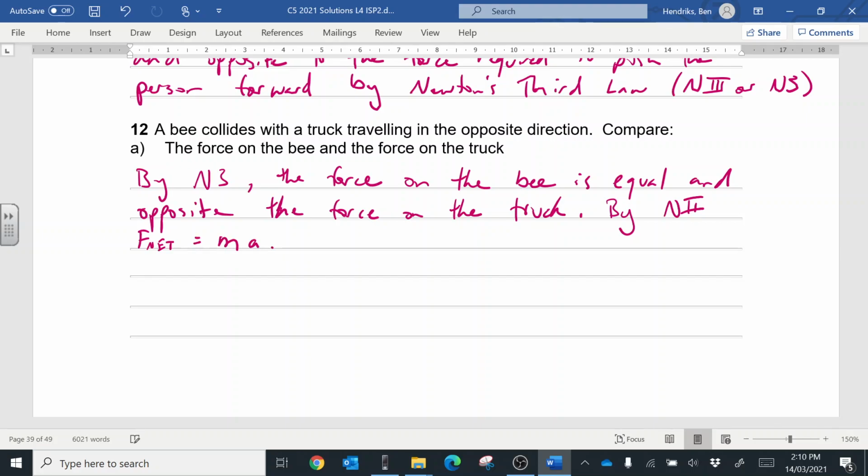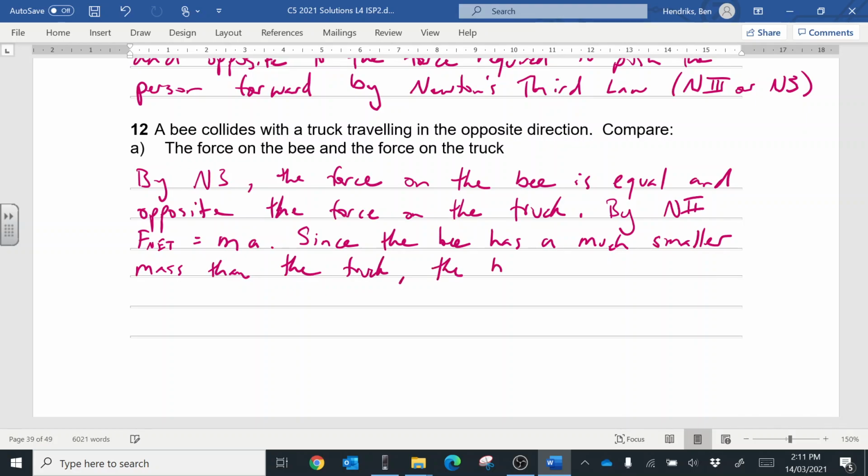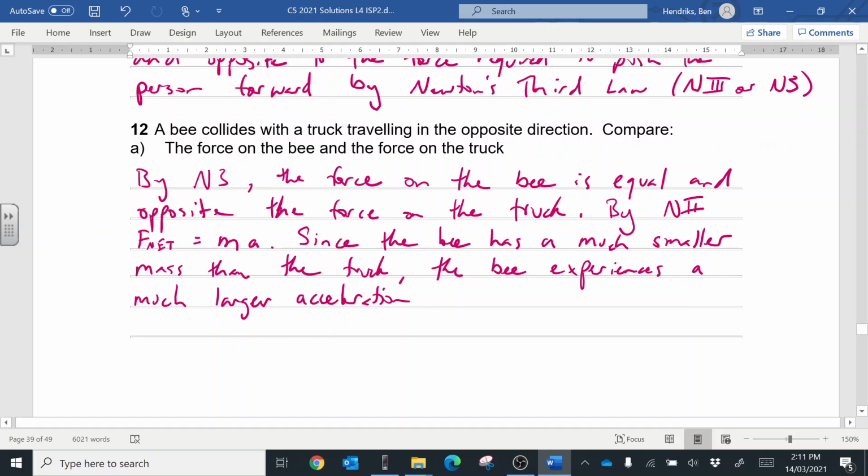So since the bee has a much smaller mass than the truck, the bee experiences a much larger acceleration. Okay, and that is why the bee will go splat against the truck.